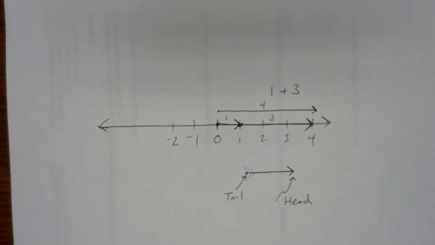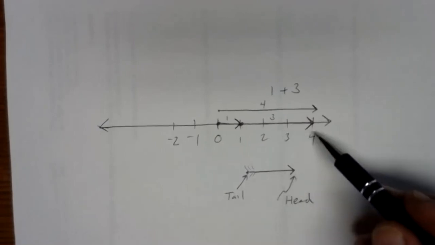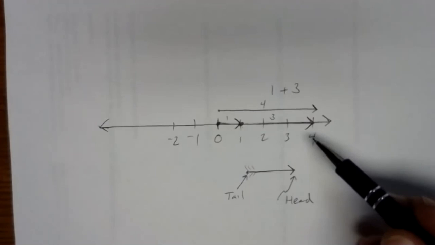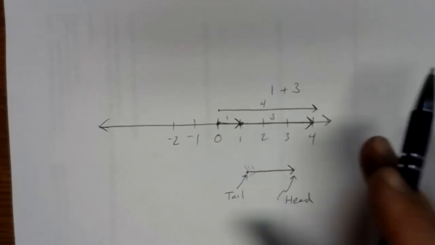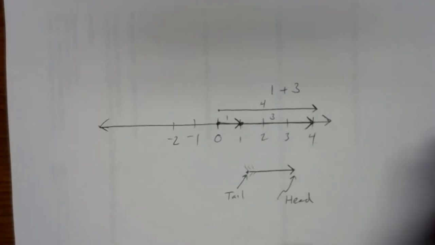Or put a different way, the tail of the second vector starts at the head of the first vector. Now, this was all along one line. Vectors can point in any direction. So we might need to move some things around to arrange them properly.